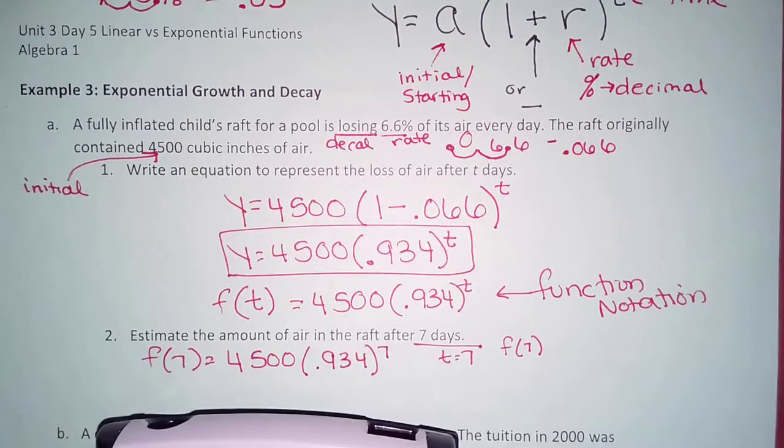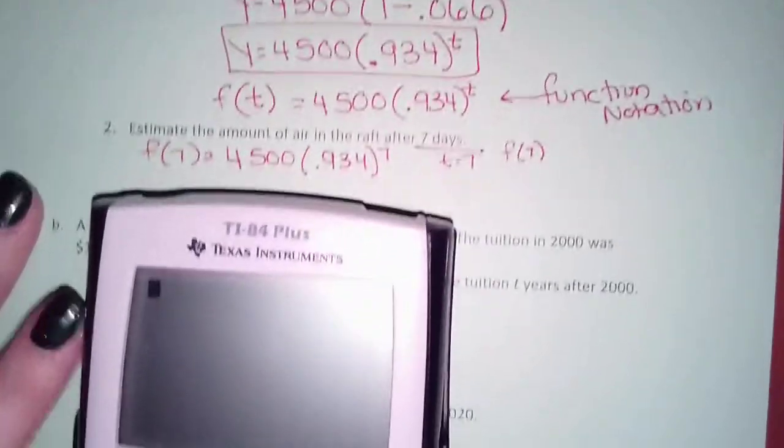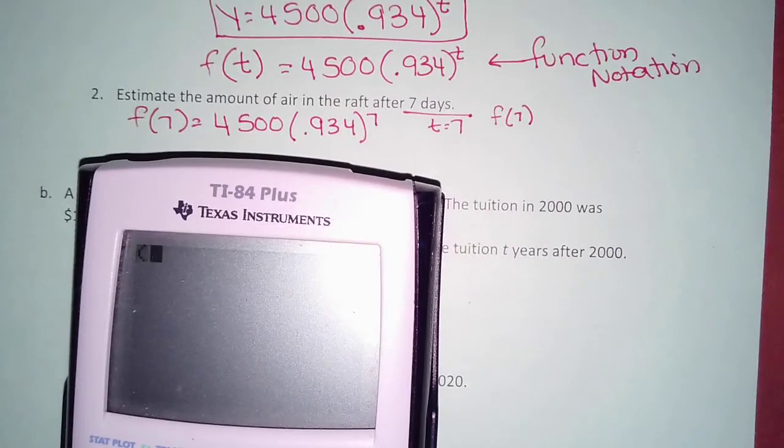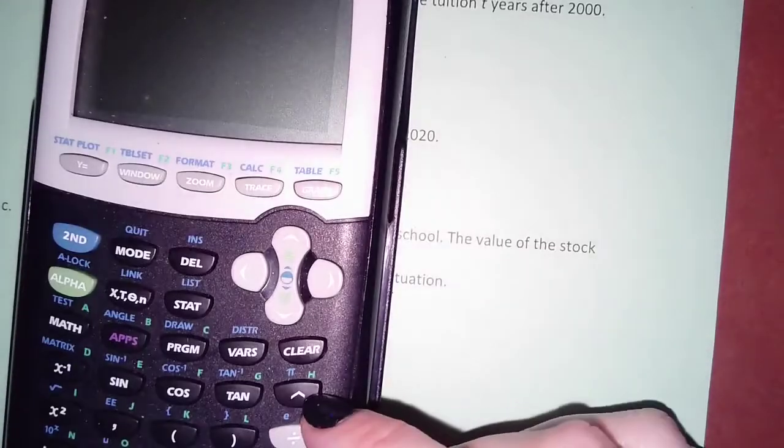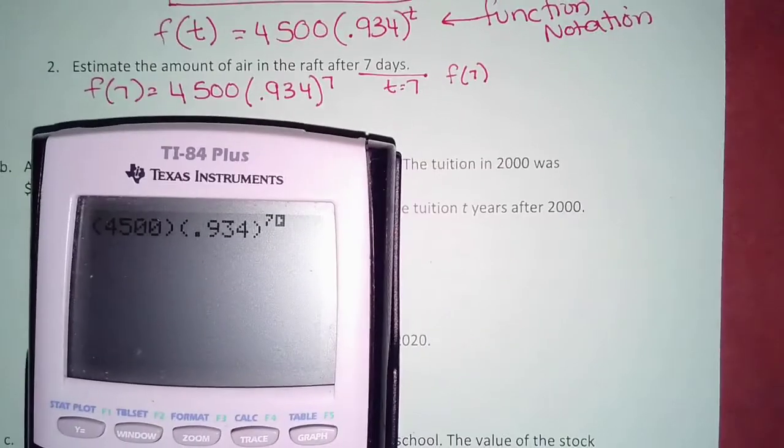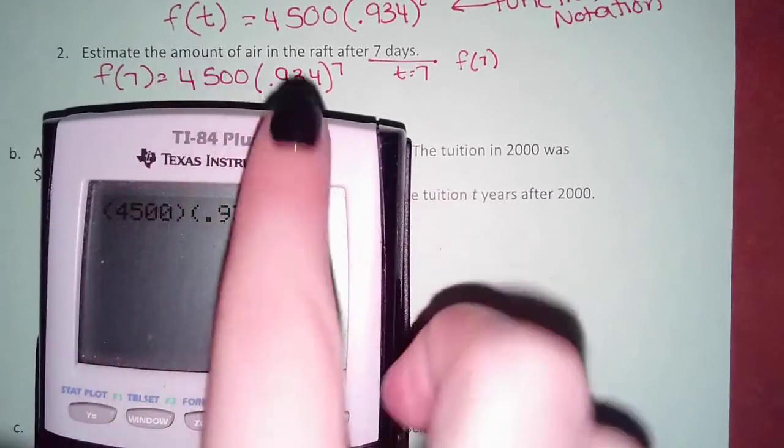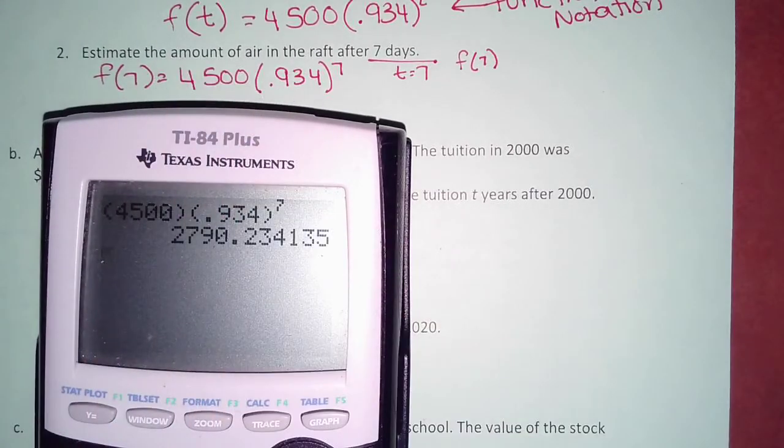I'm going to plug that all into my calculator. I'm going to be really good about using parentheses. So parentheses 4,500, close parentheses, parentheses 0.934, close parentheses, to the power of 7. So I'm going to use this little caret button, power of 7. See, it looks very similar to what I have here, and press enter.